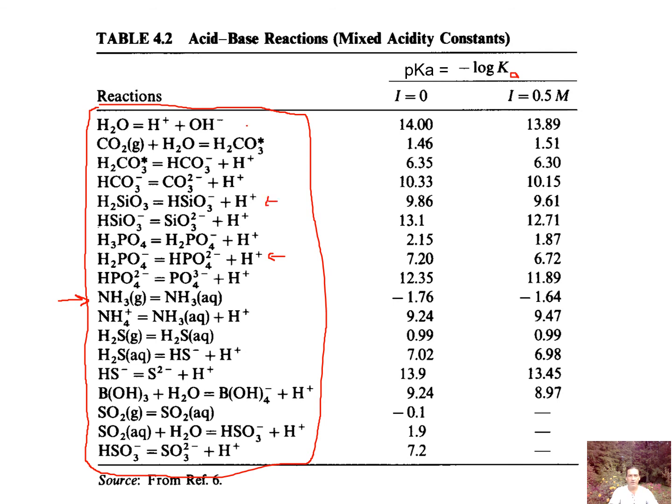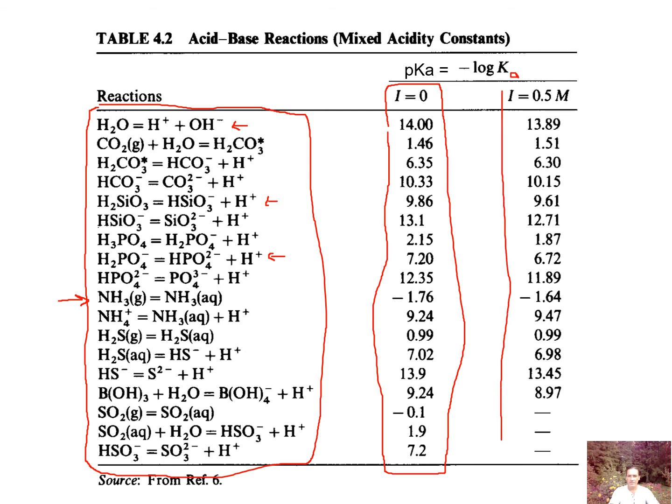Water itself does its own dissociation. And so what this figure from your textbook shows is, again, that we need to consider ionic strength. We've covered that in chapter 2. Ionic strength does affect the value of the K value, the equilibrium constant. And so we will be thinking about that when we look at acid-base equilibria in the ocean.